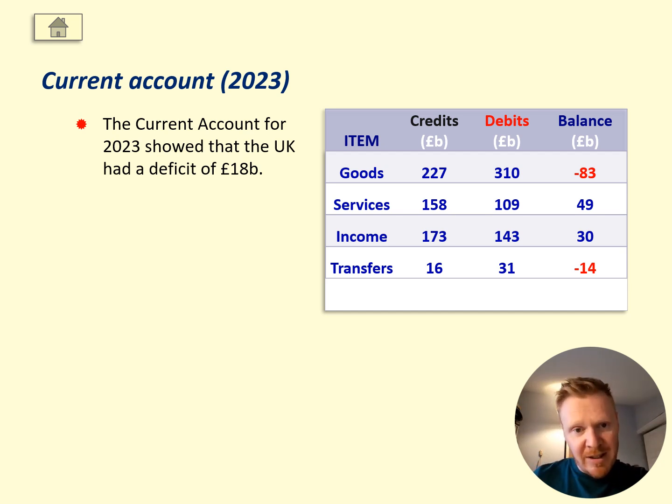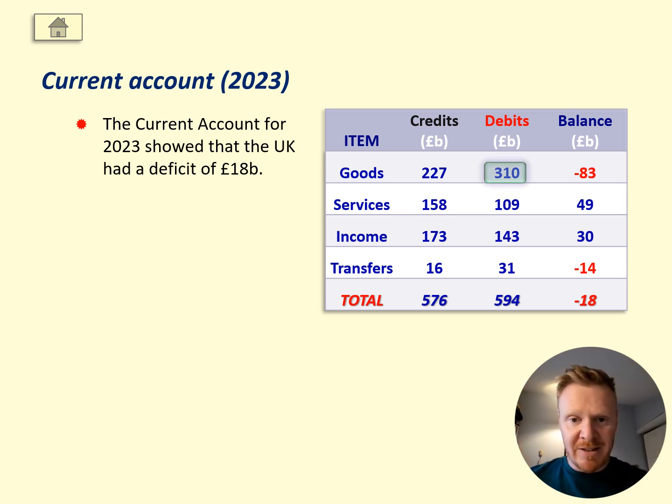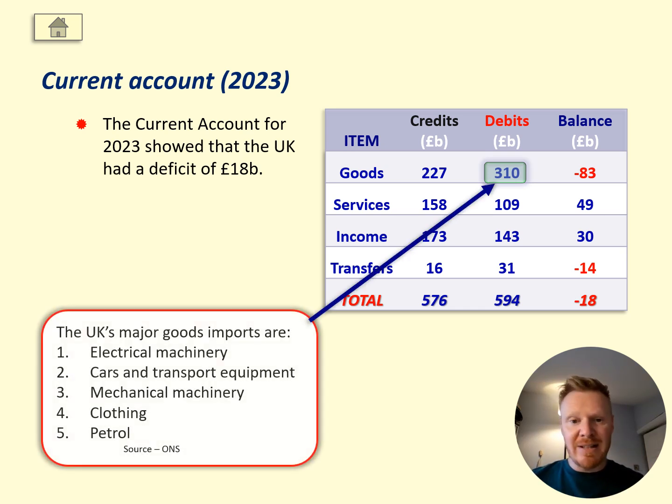So we run a deficit on this part of the current account of minus 14 billion, giving us an overall total of minus 18 billion. You can see our biggest deficit, or biggest debit, which contributes to the deficit, is our debits in goods. And our major imports, when you look into the Office for National Statistics, is electrical machinery, cars and other transport equipment, mechanical machinery, clothing, as you'd expect, and petrol.